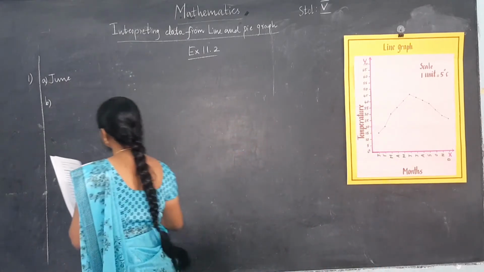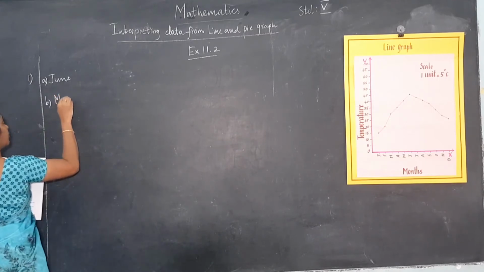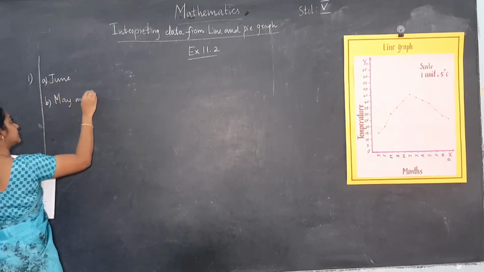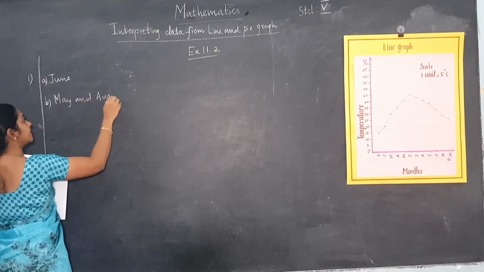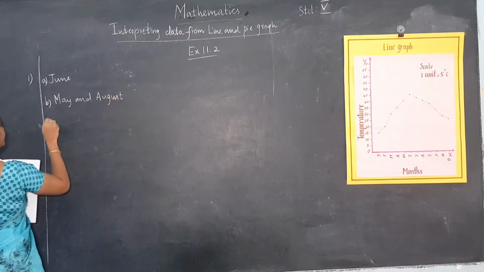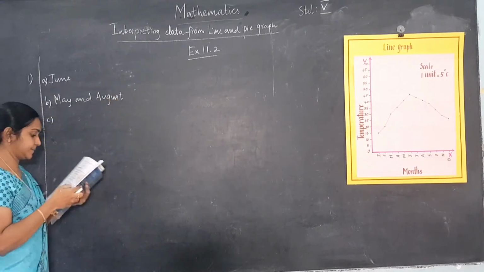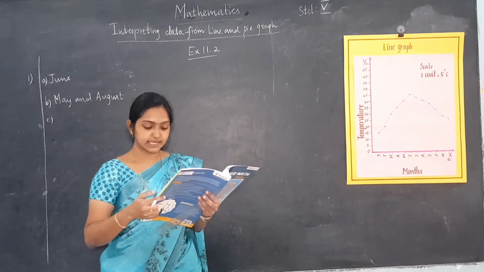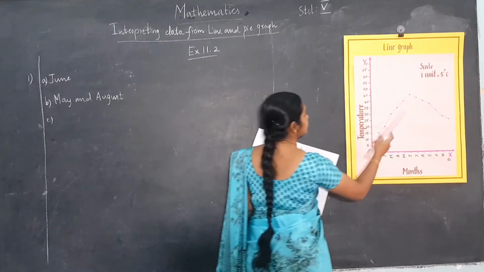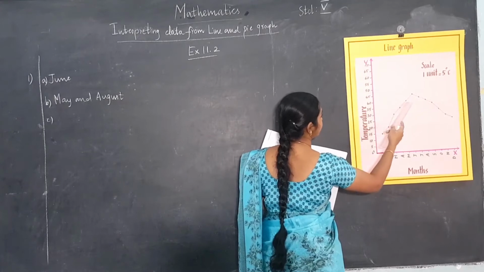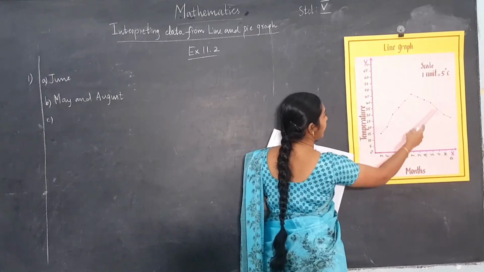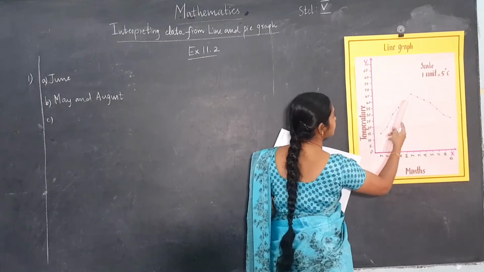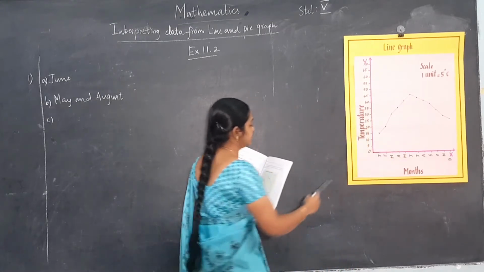So it is May and August. May and August have the same average temperature. Their temperature is 40.